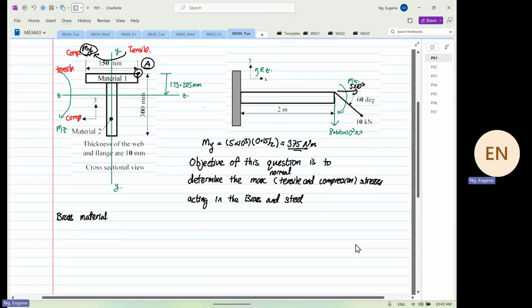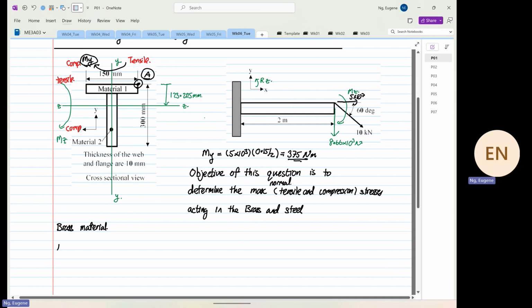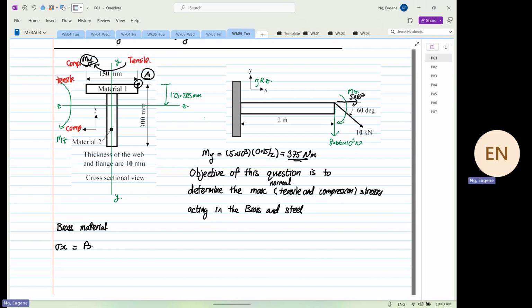The general formula that we're going to apply is stress X is equal to Px over A, it depends on the axial stress, the stresses induced by axial force, then plus or minus My over Iyy multiplied by z, plus or minus Mz over Izz multiplied by y.